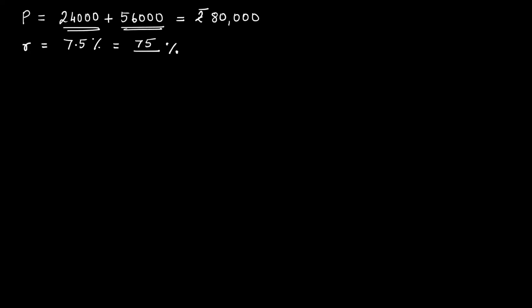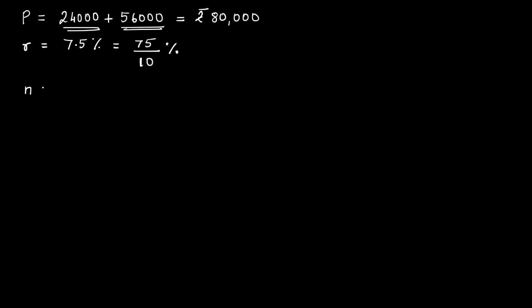Percent will be as it is, but I'm removing the decimal. After the decimal point, how many numbers are there? Only one number. If you remove this, 1,000 will come. But we are keeping this percent as it is.